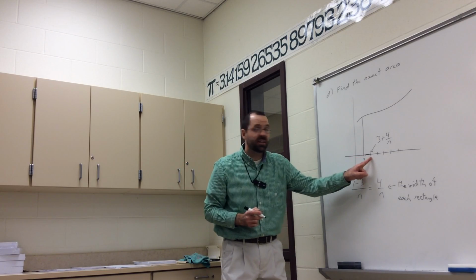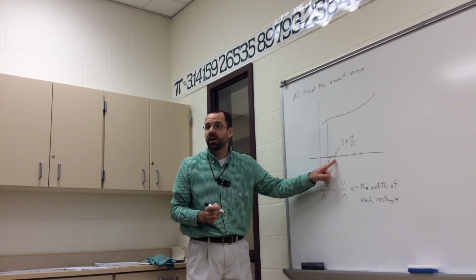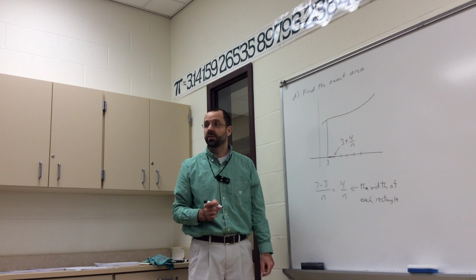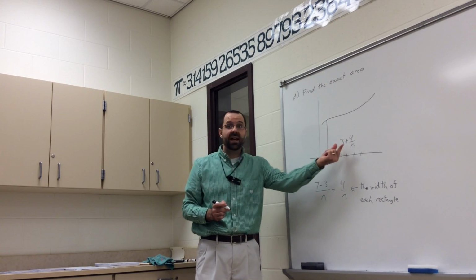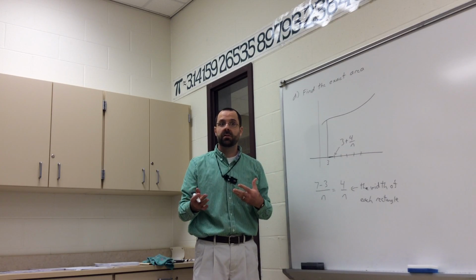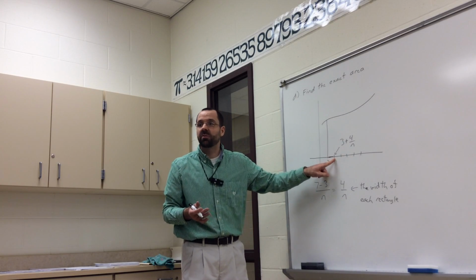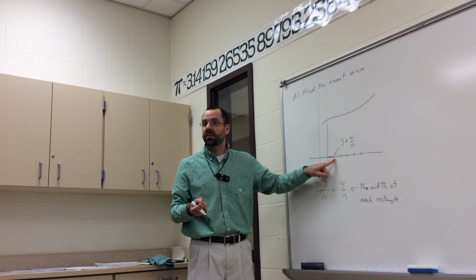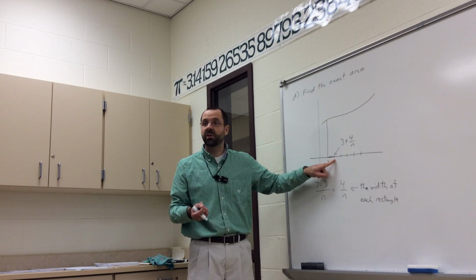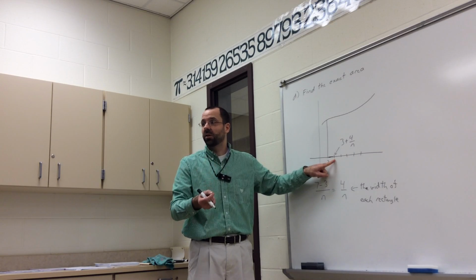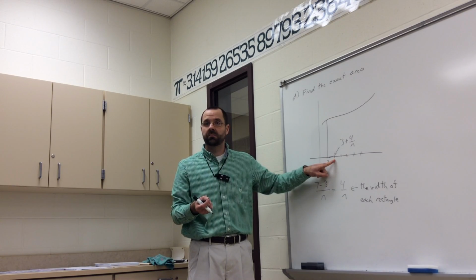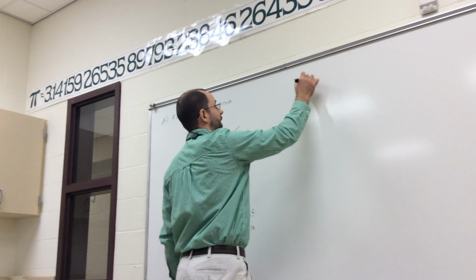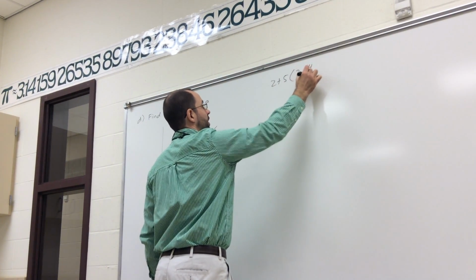If that x value is 3 plus 4 over n, how do I find the height of rectangle number 1? Plug that into the formula, right? If that was 3.5, we would take 2 plus 5 times 3.5. If that was 4, we'd take 2 plus 5 times 4. So since that's 3 plus 4 over n, we're going to take 2 plus 5 times 3 plus 4 over n.